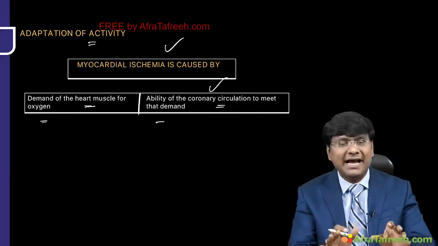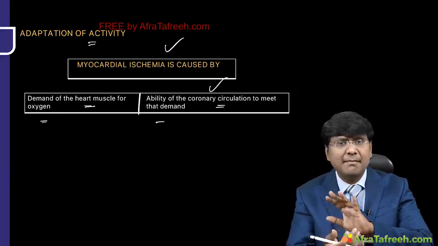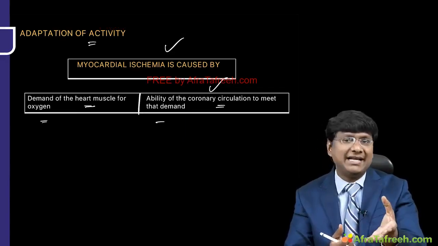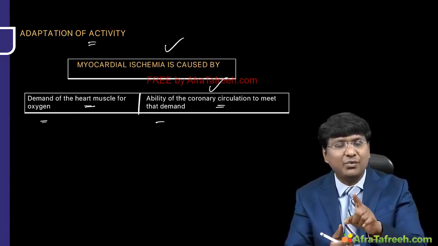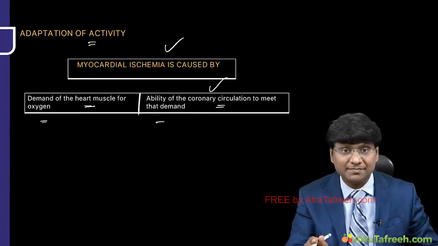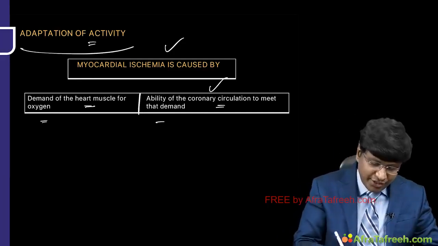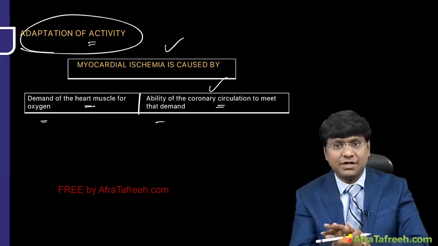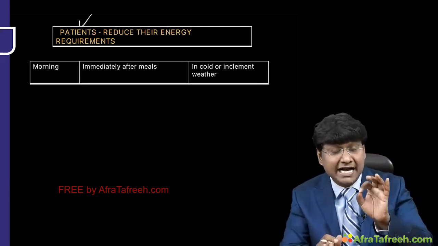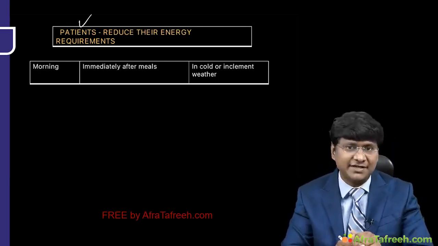Now, what are the adaptations that the patient has to acquire, right? Many tasks that ordinarily evoke angina may be accomplished without symptoms simply by reducing the speed at which they are being performed. Basically, you need to do the adaptation of the activity. The patient must appreciate the diurnal variation in their tolerance of certain activities.